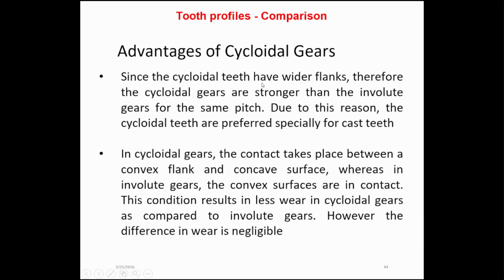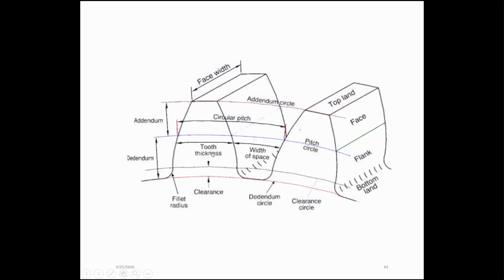Then, since the cycloidal teeth have wider flanks, the cycloidal gears are stronger than the involute gears for the same pitch. Yes, the flank is quite wider in cycloidal gears. It can handle more tangential loads. Basically, in gears, we consider this teeth section as cantilevered beams.